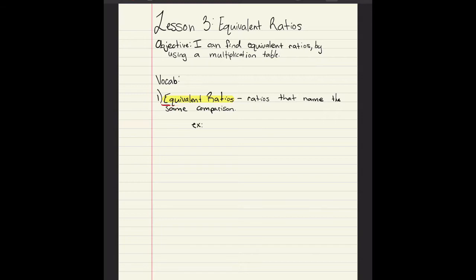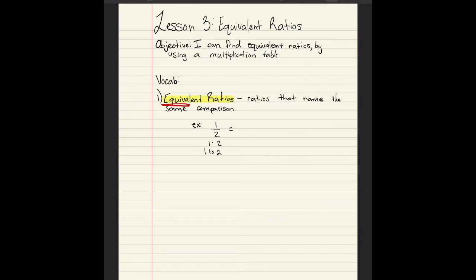We can look at equivalent as being like equal. So for example, if we had a ratio of 1 to 2, there are different ways to write it.